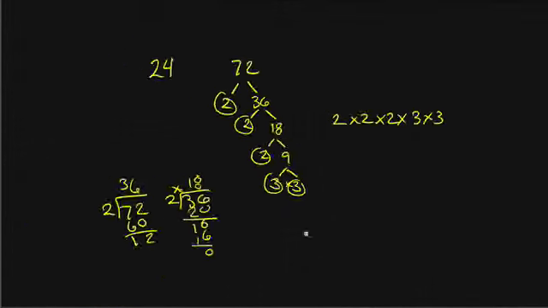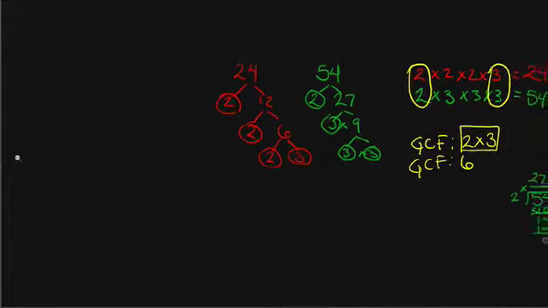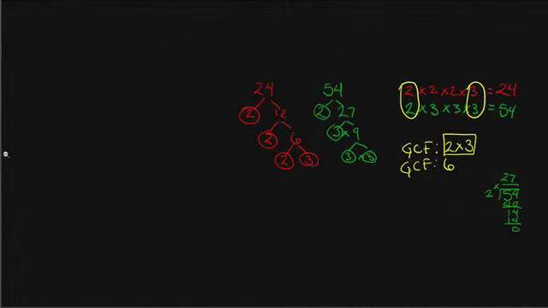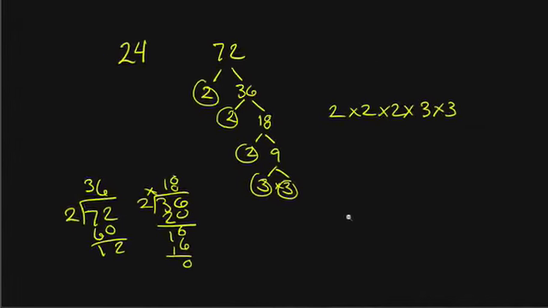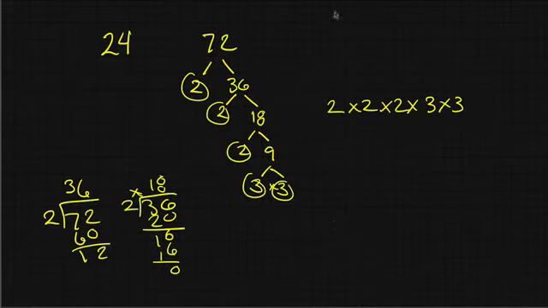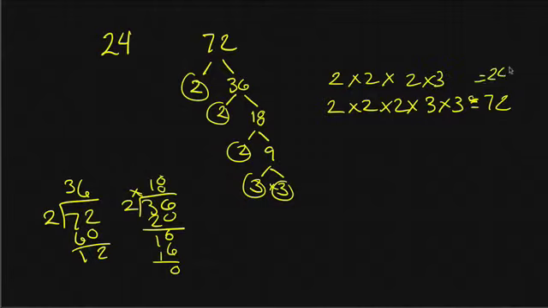Zoom back out so I can see. 24 was 2, 2, 2, 3. So if this one equals 72, 2 times 2 times 2 times 3 equals 24. So let's see which ones are common.